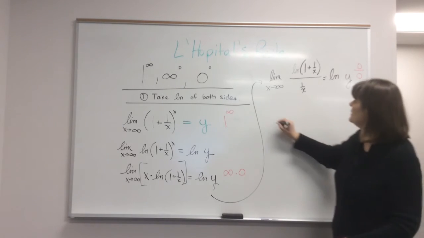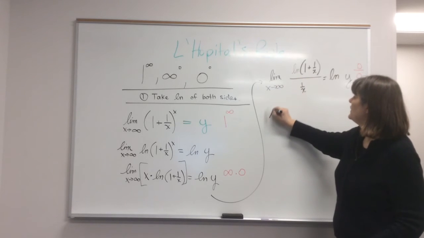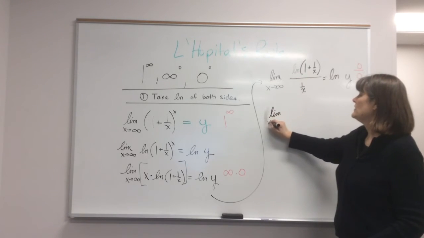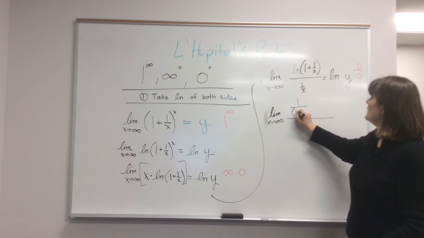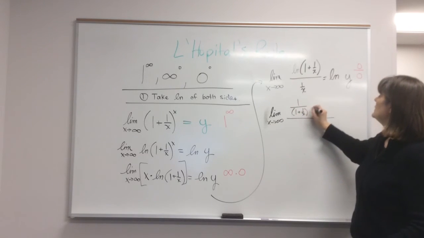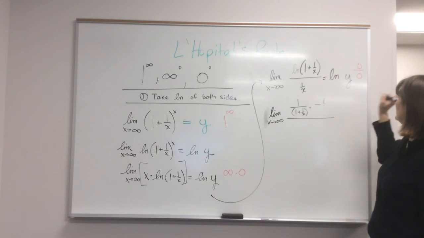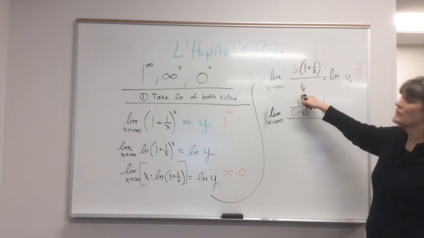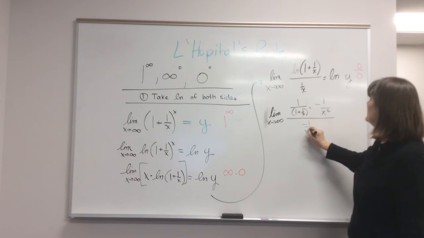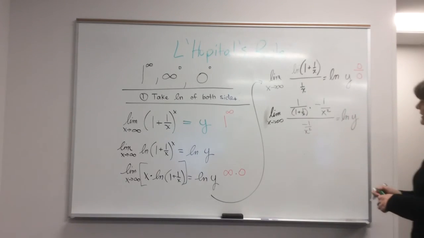All comes back. So I'm going to take the derivative of the numerator. The derivative of a natural log function is 1 over this quantity times the derivative of this quantity, which is negative 1 over x squared, divided by the derivative of the bottom, which is negative 1 over x squared, equals the natural log of y.